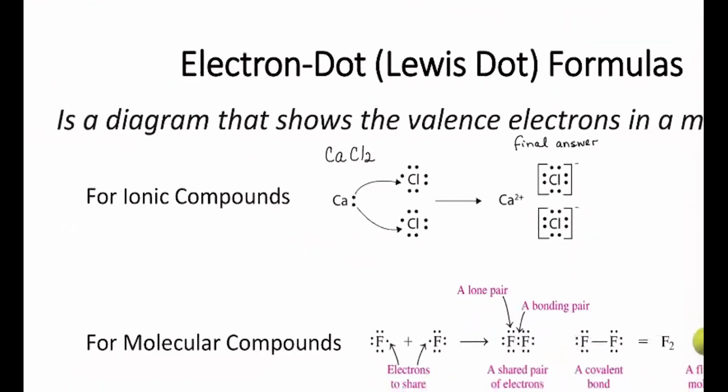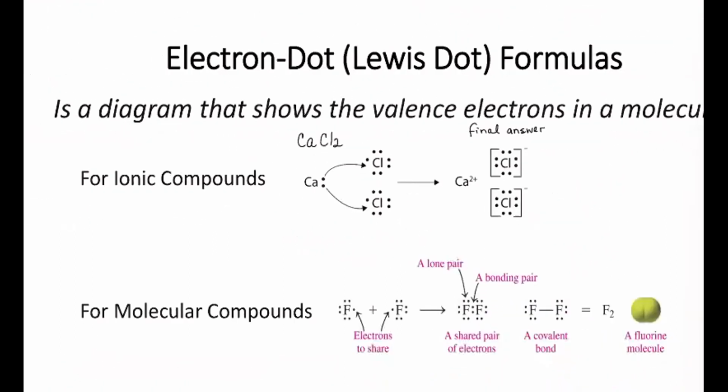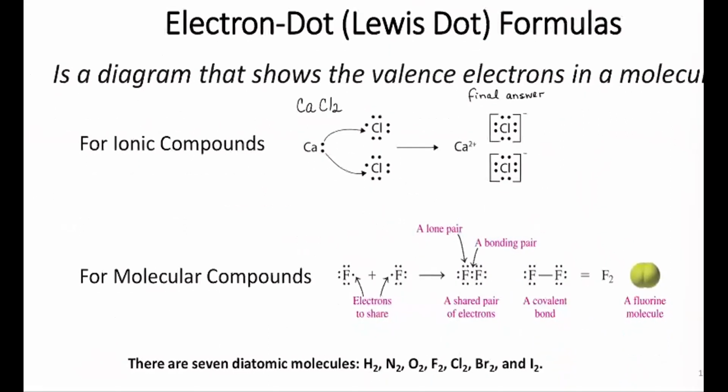Now, in the textbook, there's not a big discussion for the electron dot formulas for ionic compounds. The one that it is focused on is the Lewis dot formulas for molecular compounds, meaning those covalent compounds that are going to be sharing electrons.